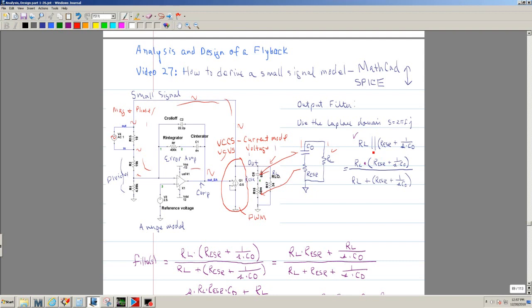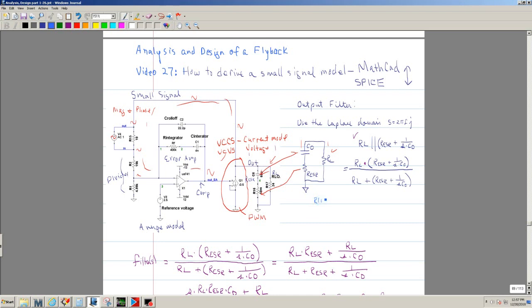Since we're talking about resistance, hopefully you'll remember that when you have resistors, and impedance is a form of resistors, you would have this form to calculate the parallel combination.